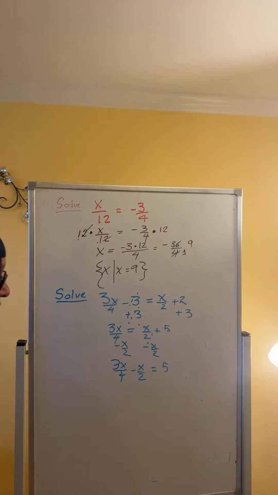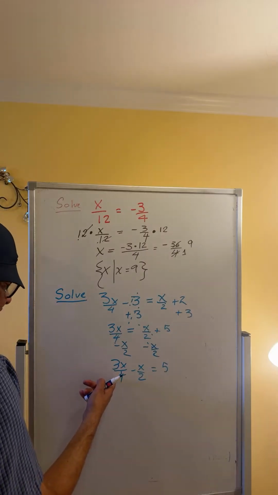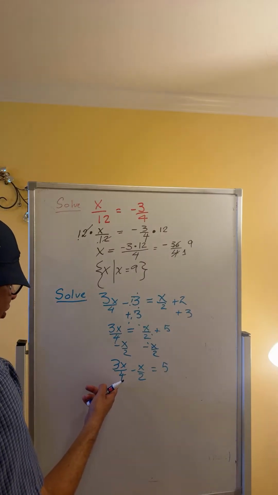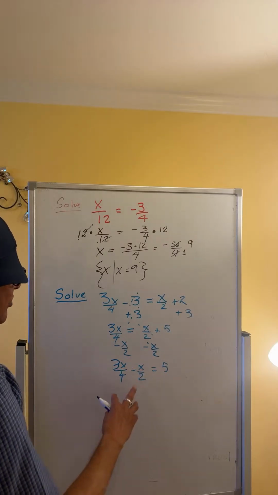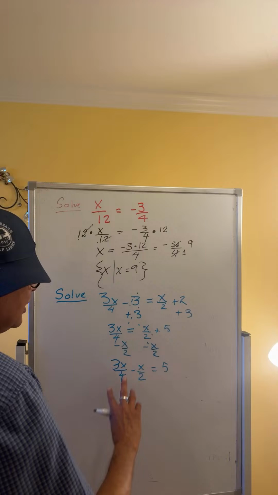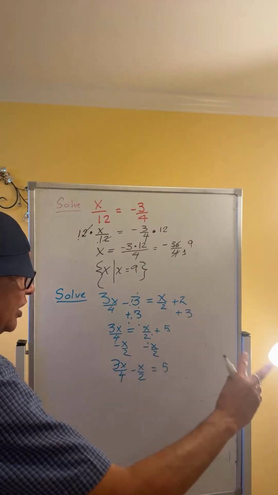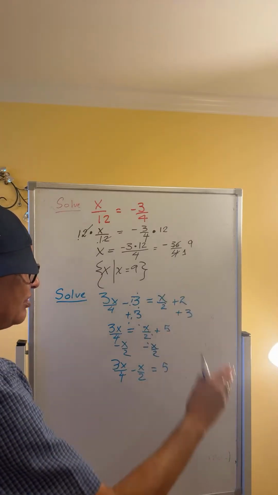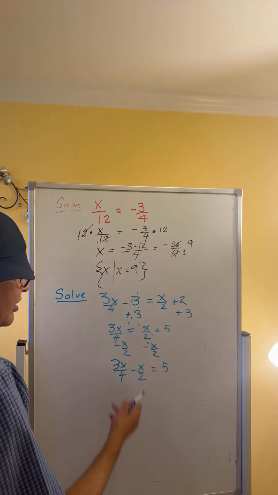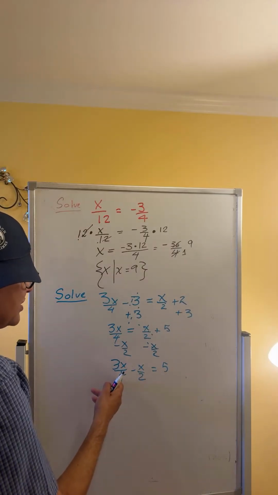So now what to do? You notice it is 3x over 4. 4 is in the denominator. X by 2. 2 is in the denominator. Remember, in fractions, when we want to do addition or subtraction, we have to get the denominators the same. Lowest common denominator. Now we know 2 times 2 makes 4.